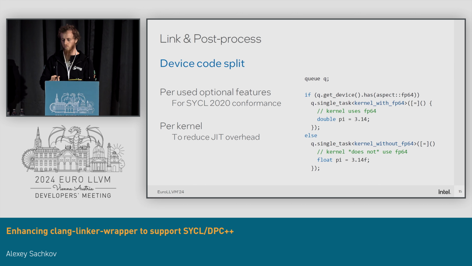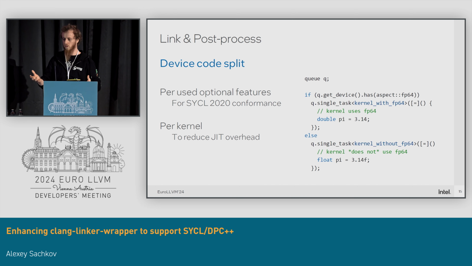We do that for two main reasons. The first one is to be conformant with the SYCL 2020 specification, to prevent so-called speculative compilation, where all kernels in a device image are compiled, even though not every one of them was actually invoked. We also found that if you have a library which contains maybe hundreds of kernels, which are specialized versions of an algorithm for different problem sizes and data types, you only expect the user to call just a few of those.